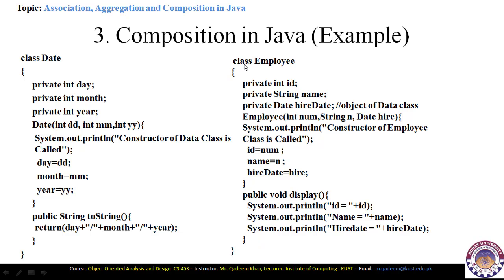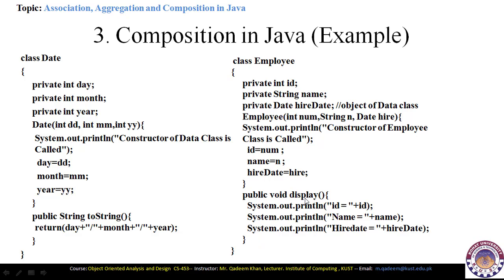Then we have the class Employee with private int id, private String name, and private Date hireDate, an object of the Date class. The constructor takes int num, String n, and Date hire. The constructor of the Employee class is called: id is equal to num, name is equal to n, hireDate is equal to hire.